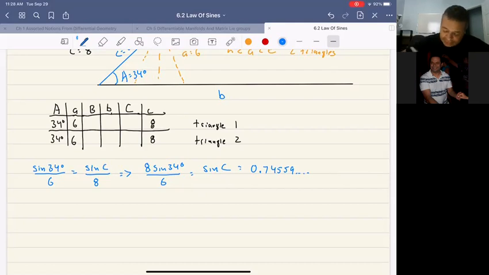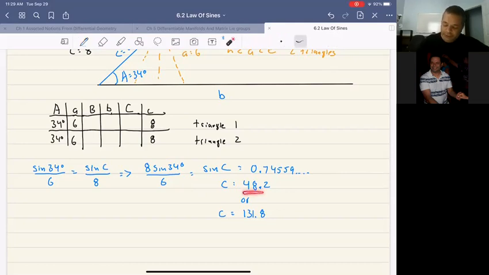So I get C equals 48.2. And remember, I also get C equals 180 minus that. You guys wondered why I kept talking about that other angle, huh? Now it makes sense to use both angles, okay?